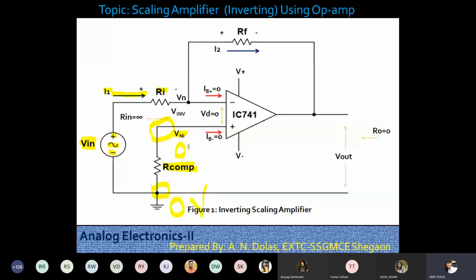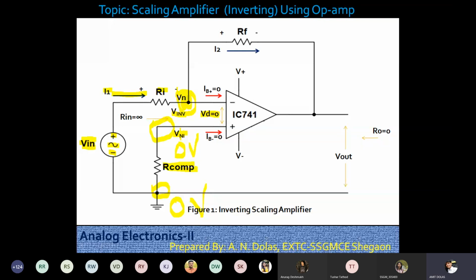As it is 0 volt, to make differential voltage equal to 0, what is the formula for differential voltage? It will be non-inverting voltage minus inverting voltage. So if you write the equation, which is already there on the next PPT, V non-inverting minus V inverting equals 0. If V non-inverting is 0, V inverting is also equal to 0. So what is the voltage at node Vn? I mentioned this node is Vn.